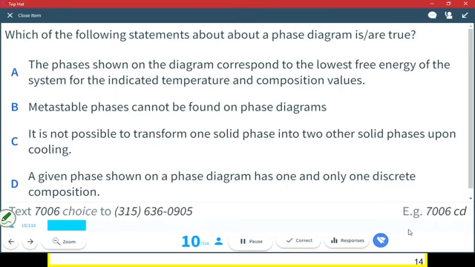Is it that it is not possible to transform one solid phase into 2 other solid phases upon cooling? Or is it that a given phase shown on a phase diagram has one and only one discrete composition? You can talk to your neighbor, you can discuss it amongst yourself, you can think about it internally.